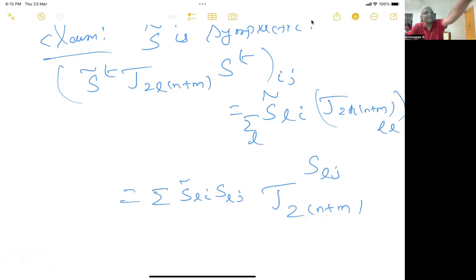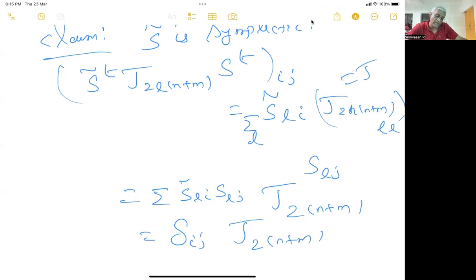Only when i equals j is this summation non-zero, equal to 1, because it's unitary; otherwise it's going to 0. So this is going to be delta_ij, this J matrix, 2n+m. This is equal to J_{2n+m}, always, for all K, for all J.